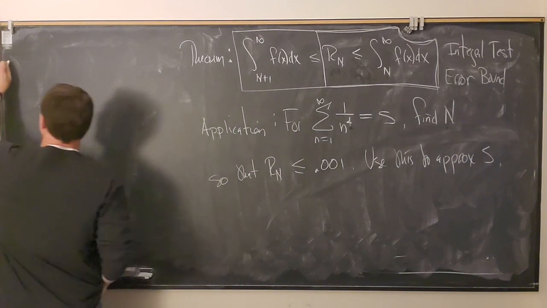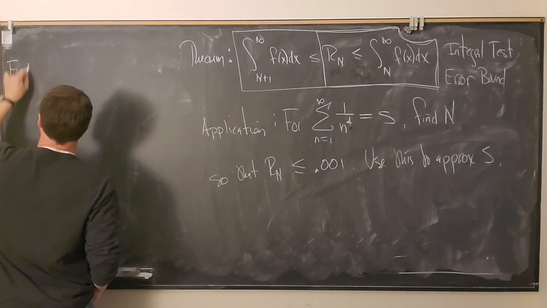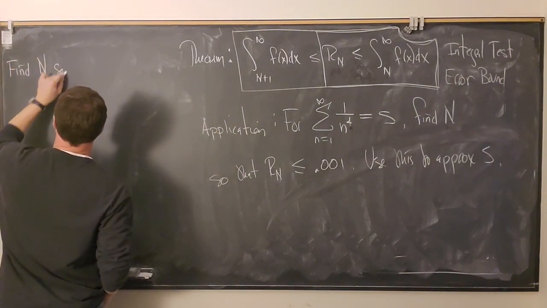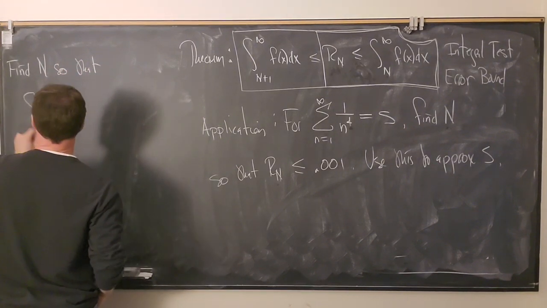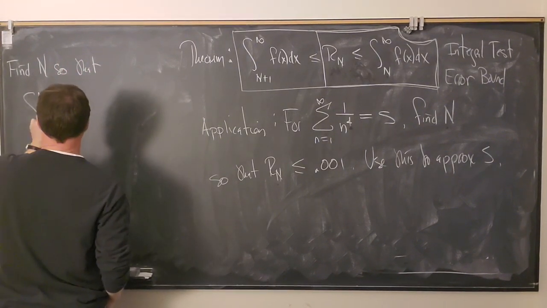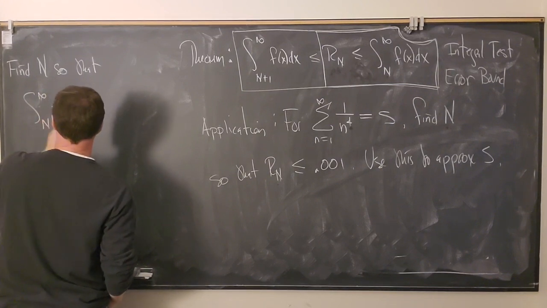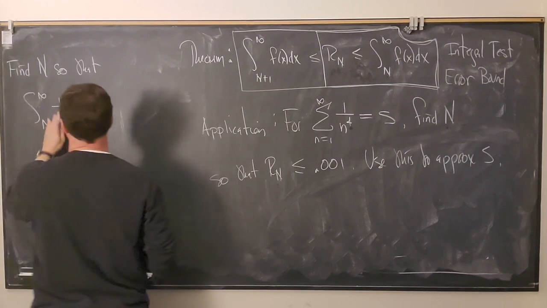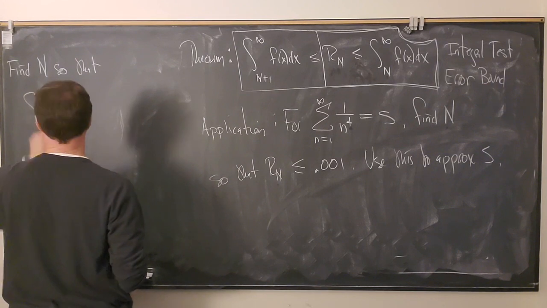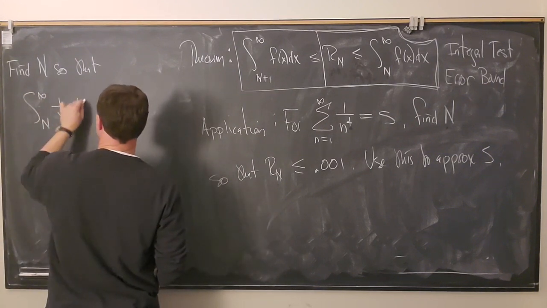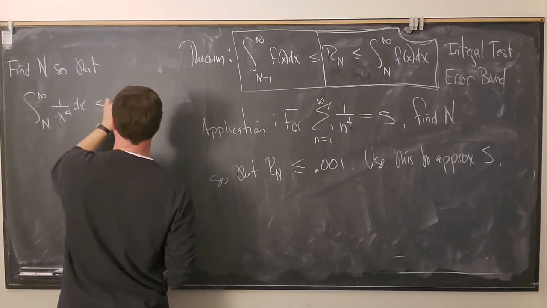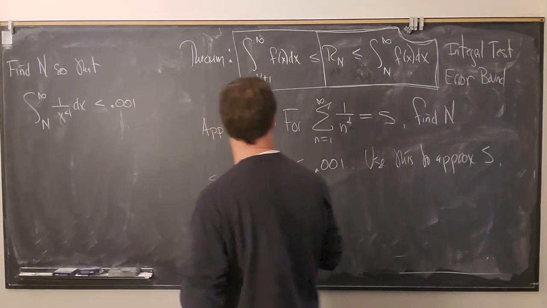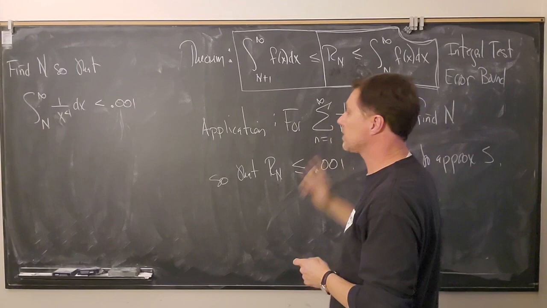I'm going to find n so that the integral from n to infinity of 1 over x to the fourth dx is less than 0.001. If I can do that, then I'm guaranteed that my remainder is less than 0.001.